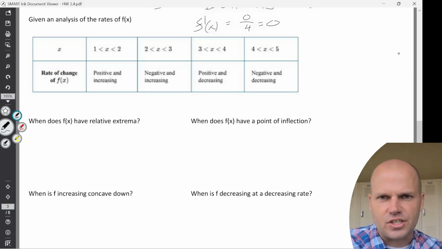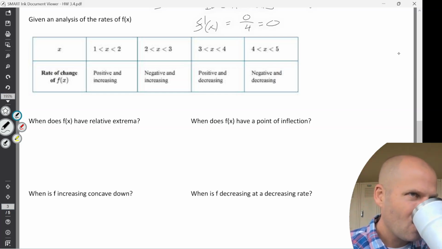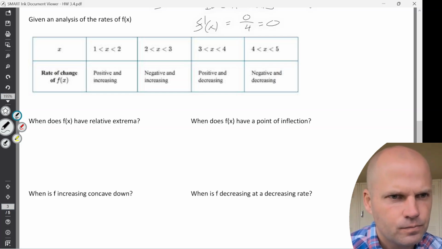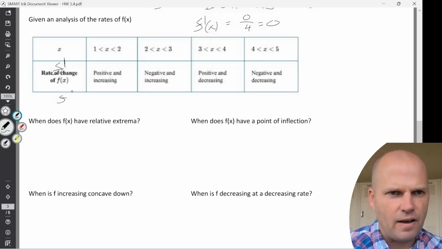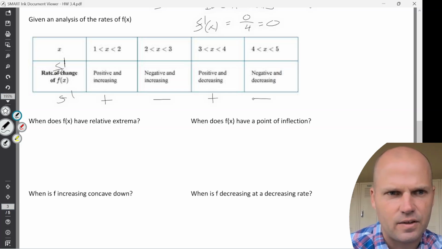All right, this is just a different type of question. This showed up on the AP pre-calculus exam, where they are giving you the rates of change of f. So you are told about f's slopes. F slopes are positive, then negative, then positive, then negative.